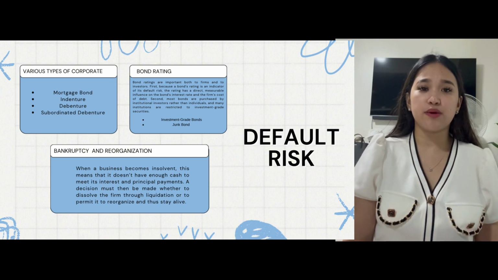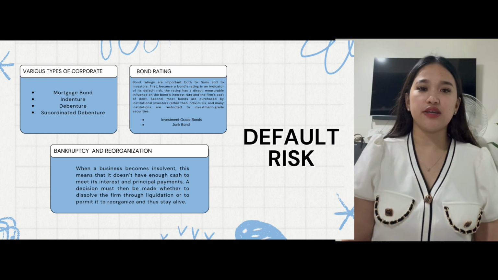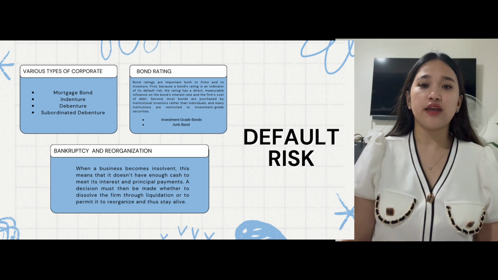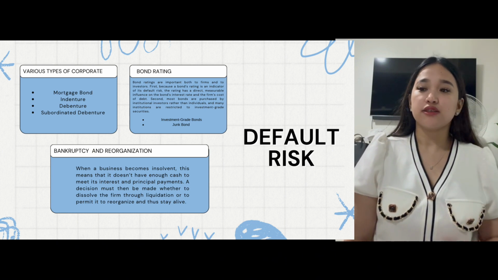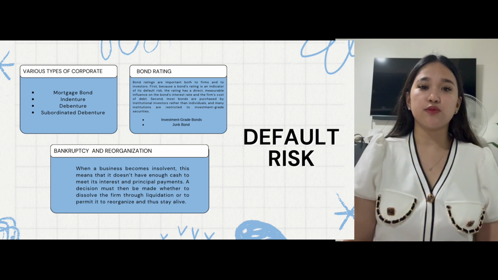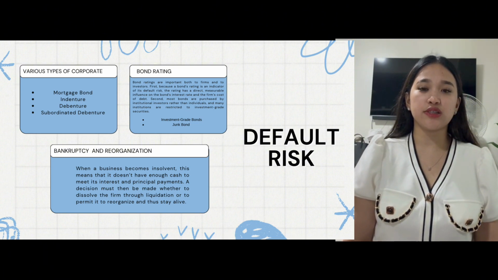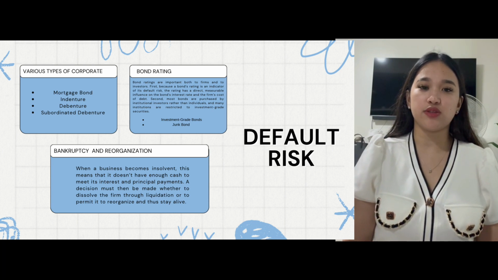First, because a bond's rating is an indicator of its default risk. The rating has a direct, measurable influence on the bond's interest rate and the firm's cost of debt. Second, most bonds are purchased by institutional investors rather than individuals, and many institutions are restricted to investment grade securities.